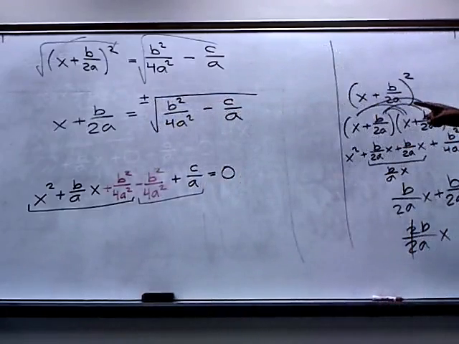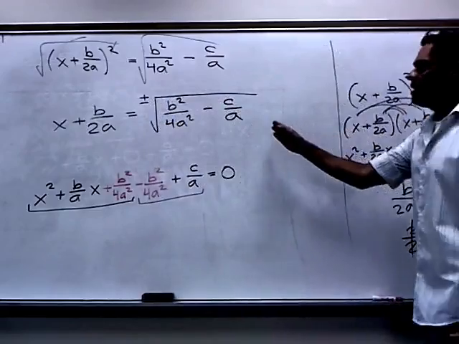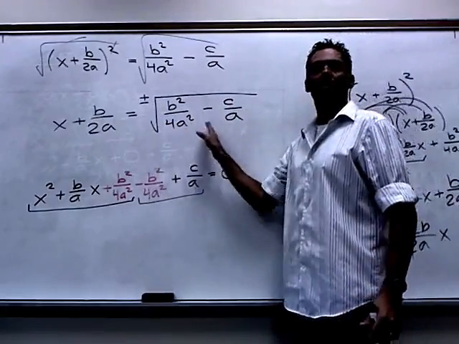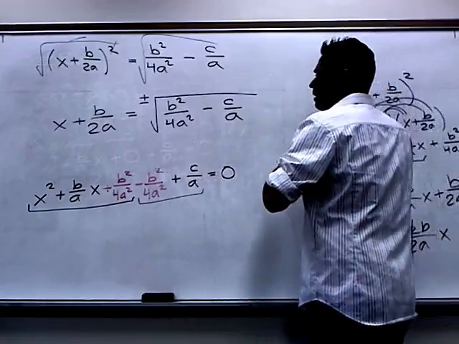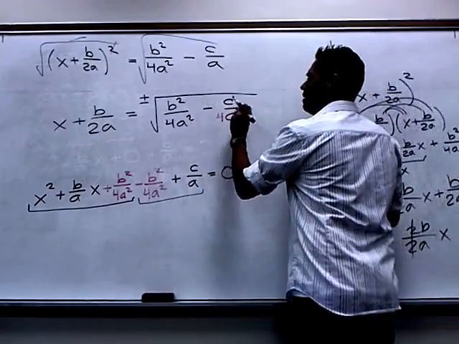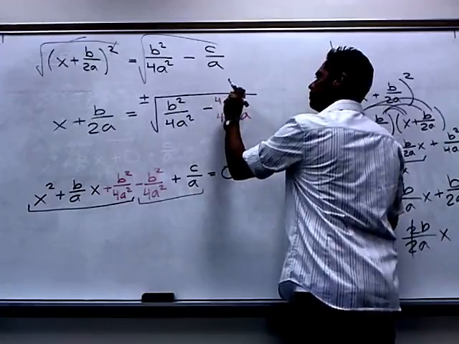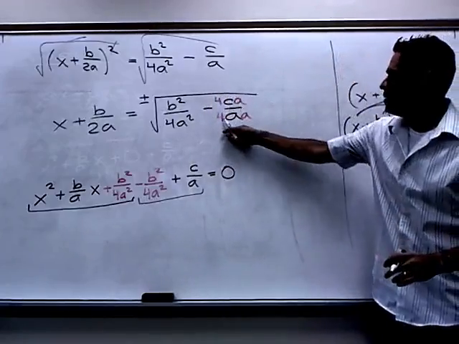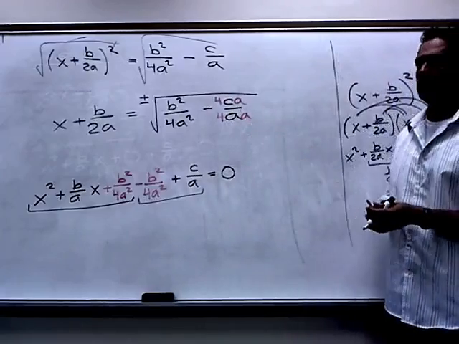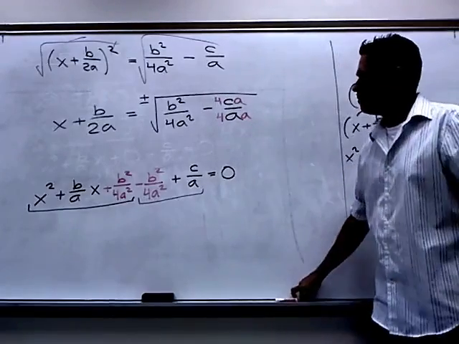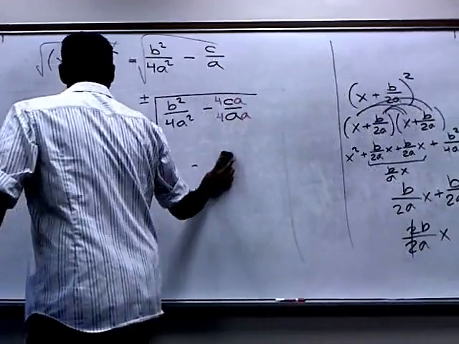I have a minute and a half, if you're still with me. I'm going to get a common denominator here. How do I get a common denominator? I would need to introduce a 4a on top and bottom so that these both have 4a squared on the bottom. So what would that become?